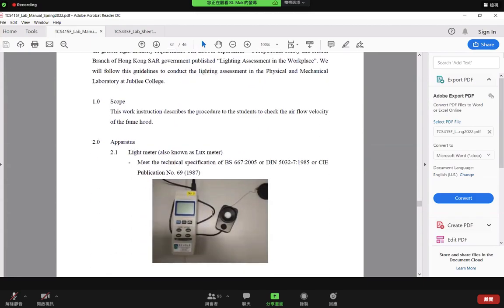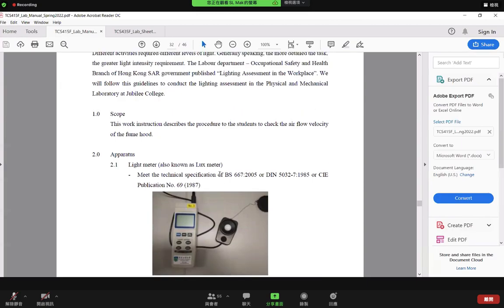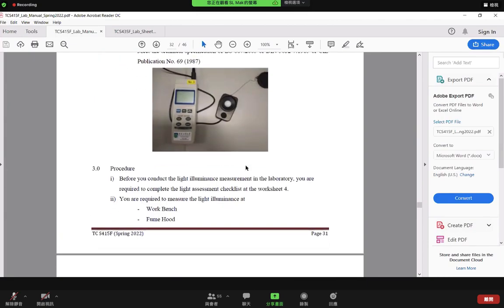Experiment 7 will provide the light intensity meter, lux meter, and you are required to measure the light intensity in the laboratories.